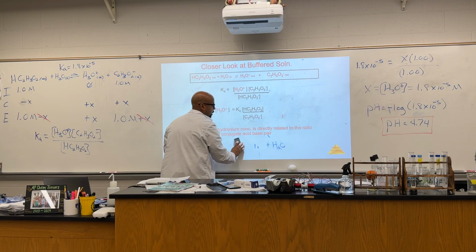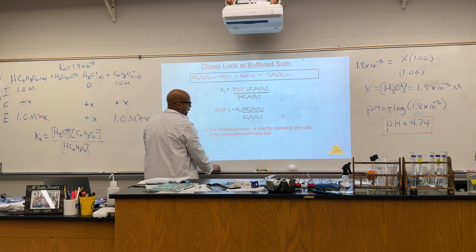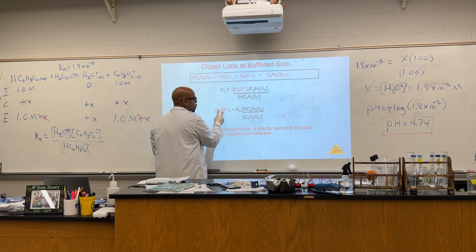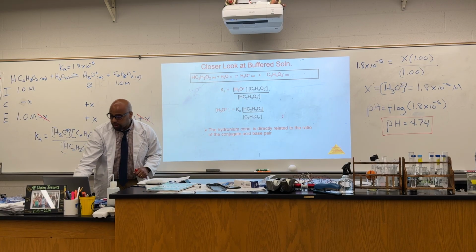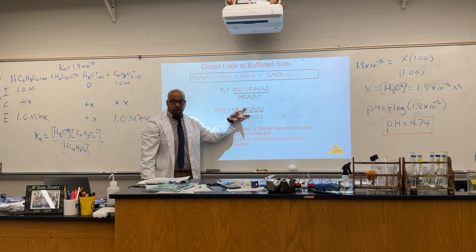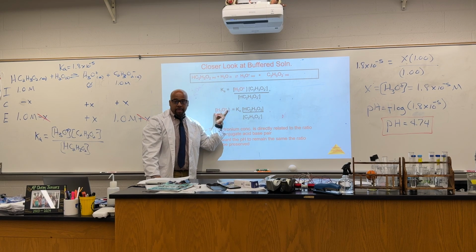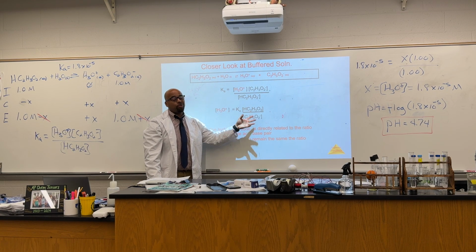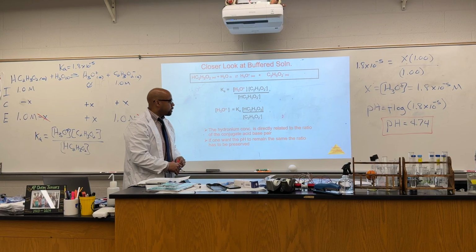What I'm telling you is that this ratio is directly going to influence what happens with the H3O plus. The slide says that if we can preserve this ratio, then my pH is going to stay pretty much constant. If you have a big fluctuation in this ratio, then I have a big problem.